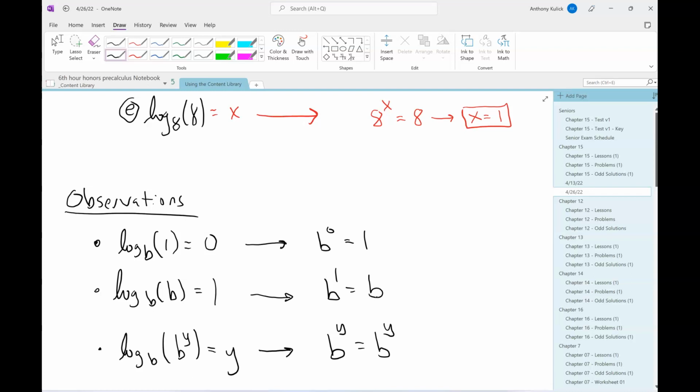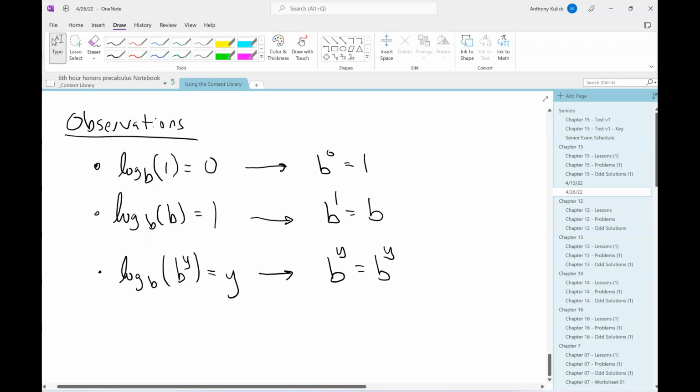This is what we saw in part A when log base 4 of 16 was equal to 2. Log base 4 of 4 squared is 2. That's what we're seeing. I just want to remind you that this is clearly true, but how did I observe that from doing the previous examples? That's where you're supposed to pick that up.